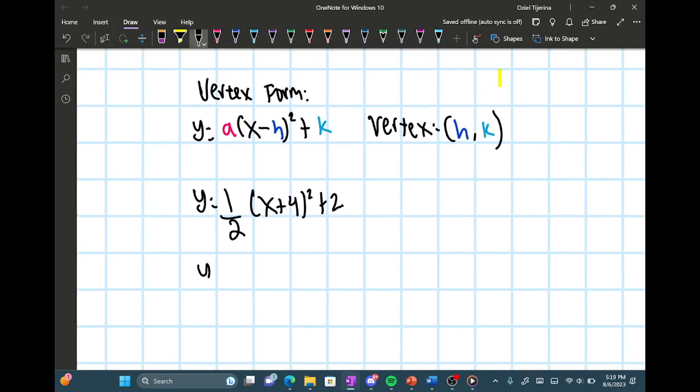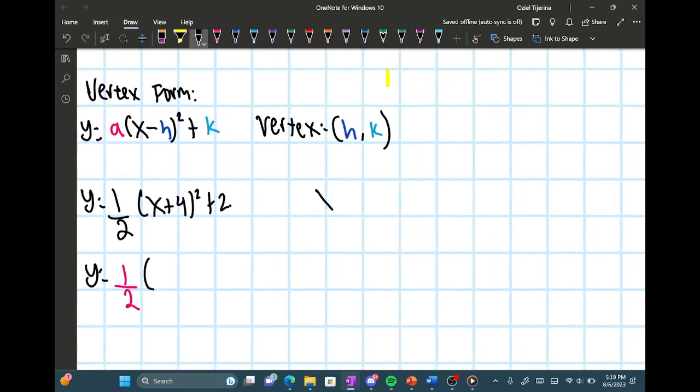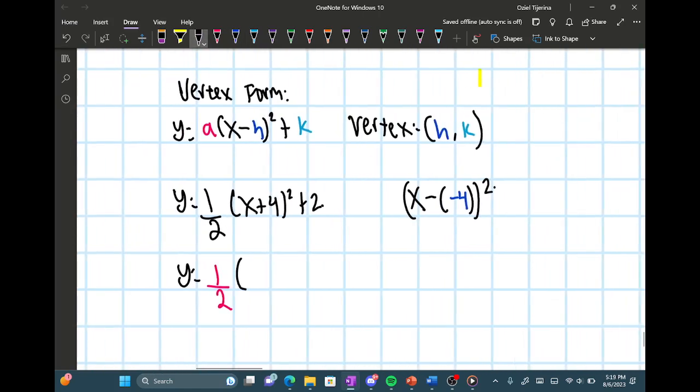We know that y equals, and we have negative 1/2. Now the x plus 4 squared, we can rewrite as x minus negative 4 quantity squared. That's the way we do it if we have a plus in the middle.